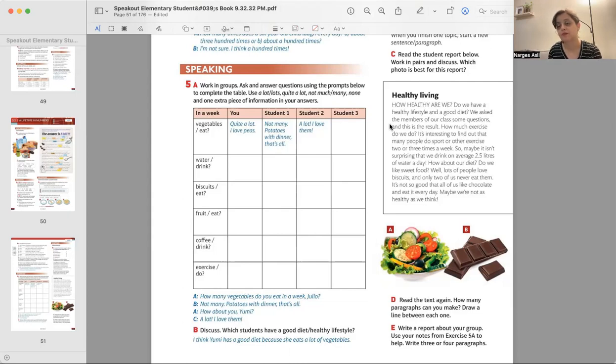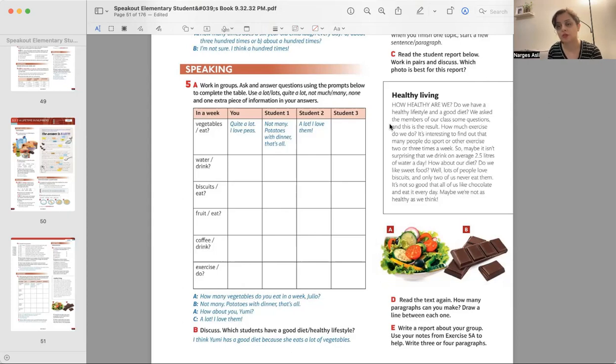How about our diet? Do we like sweet food? Well, lots of people love biscuits and only 2 of us never eat them. It's talking about the class members, saying many people love biscuits and only 2 of us didn't eat biscuits.